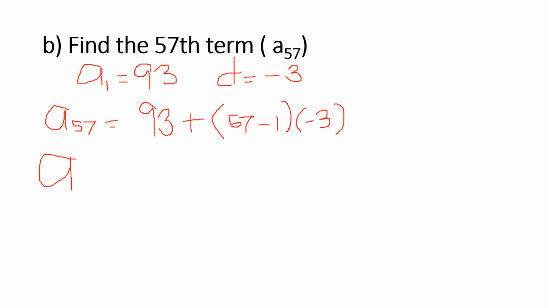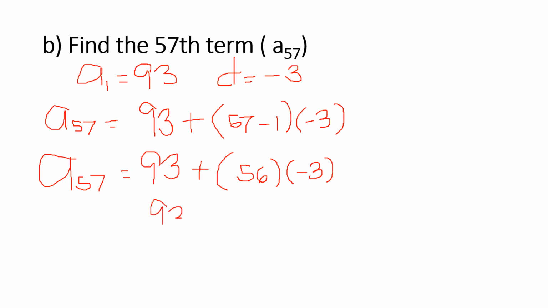Then a 57 equals 93 plus 57 minus 1, the answer is 56. Multiply by negative 3. So we have 93. This time magiging minus 56 times 3.